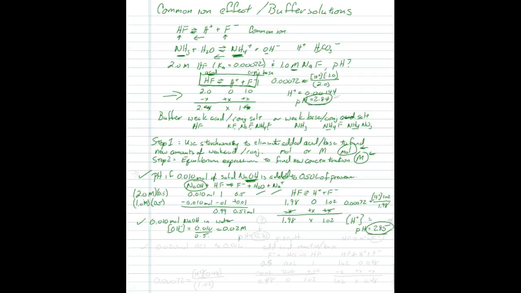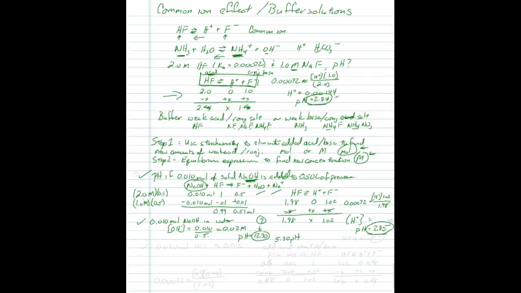So the pH is 12.3. So it went from 7, pH neutral water, up to that, or a difference of 5.30 pH.